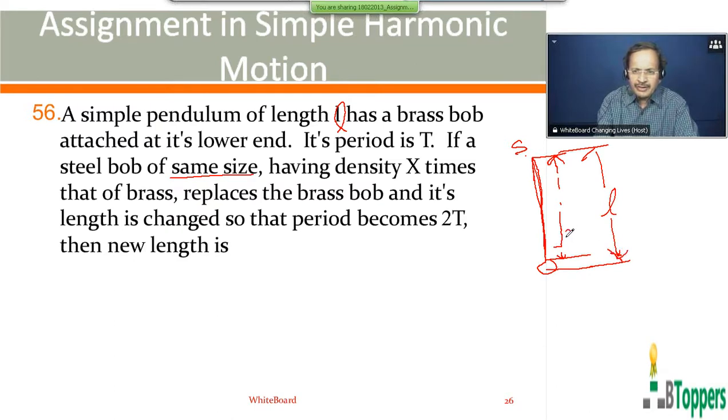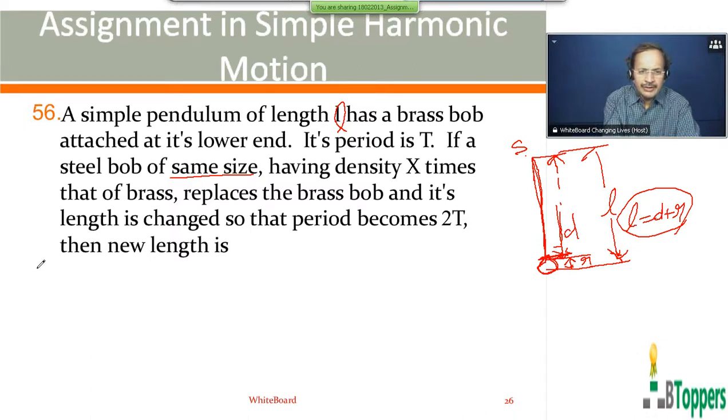So in general, if D is the distance between the point of suspension to the topmost point of the surface of the bob, or the length of the thread used to suspend the bob, and small r is the radius of the bob, then the length of the pendulum can be written as D plus r.